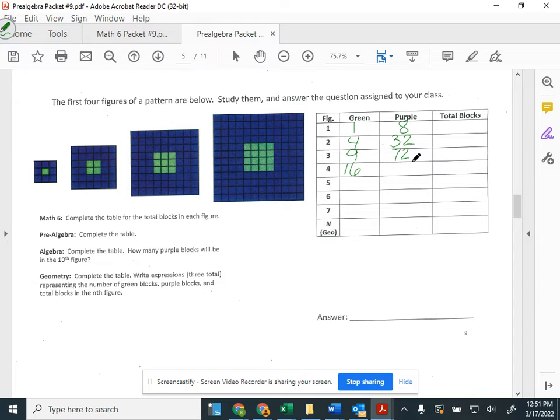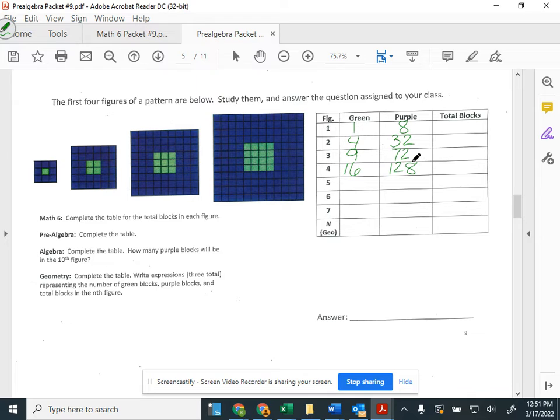How many are in the fourth? 128. Okay. Those ones are not as easy, but once you start thinking it through, you can see how the perfect squares tie into those rules. So the purple does have a perfect square in the rule that you're doing.